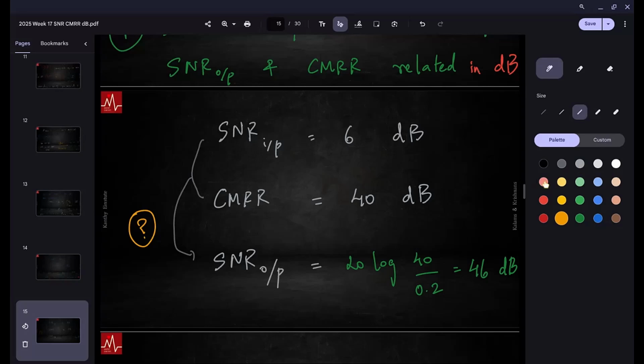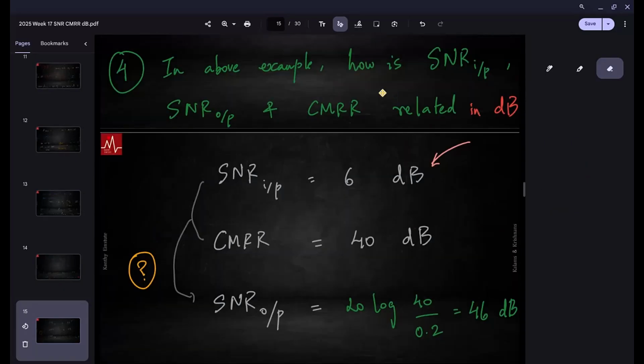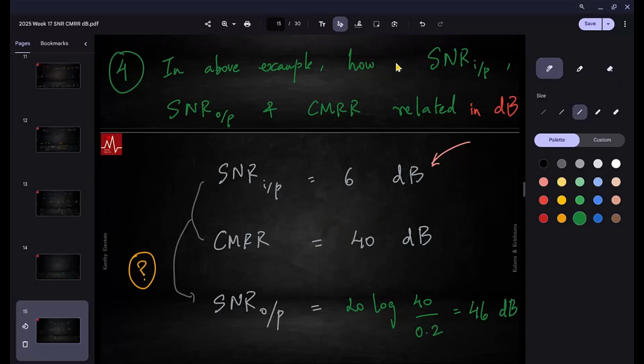See, notice at the end of the day, your output SNR has increased. Your signal is better now. That is very good. Input SNR was weak. What is the CMRR? What is the processing doing? So how are the three related? Let's make it: how are SNR input, SNR output, CMRR related?